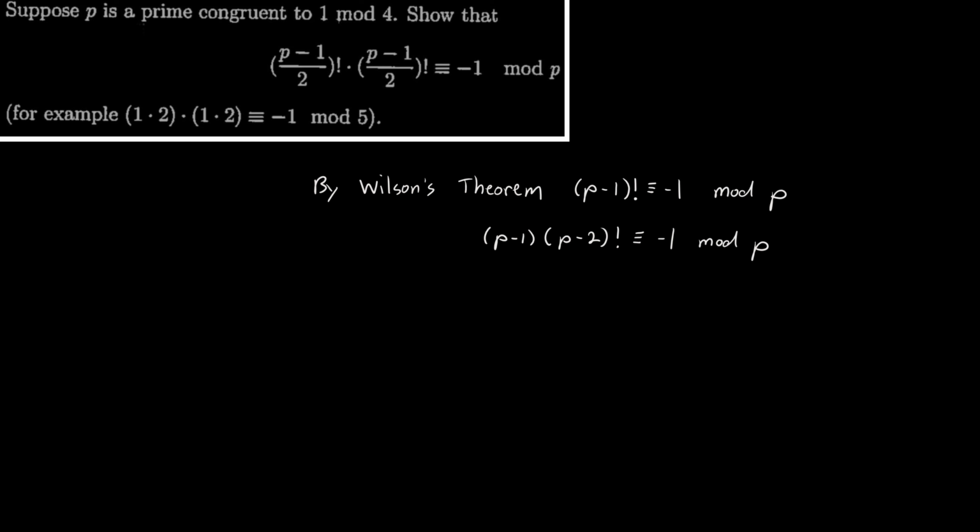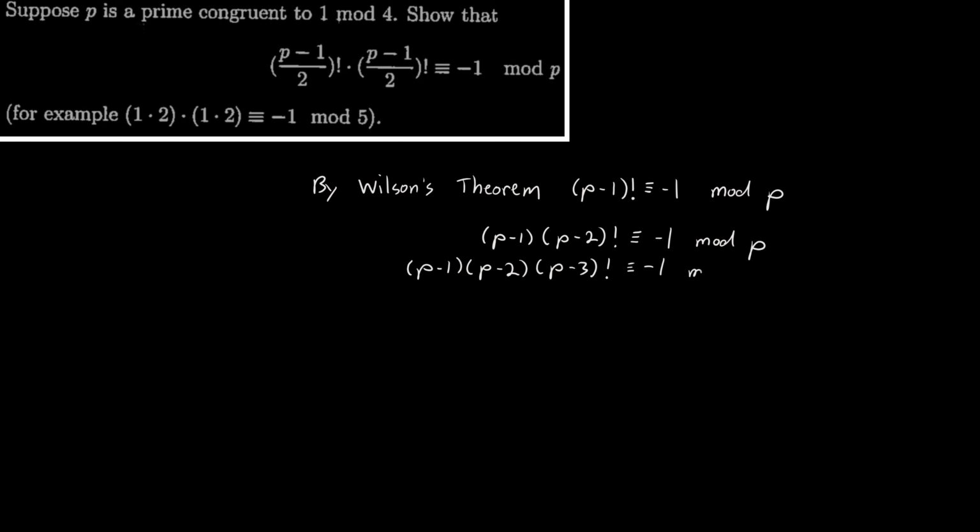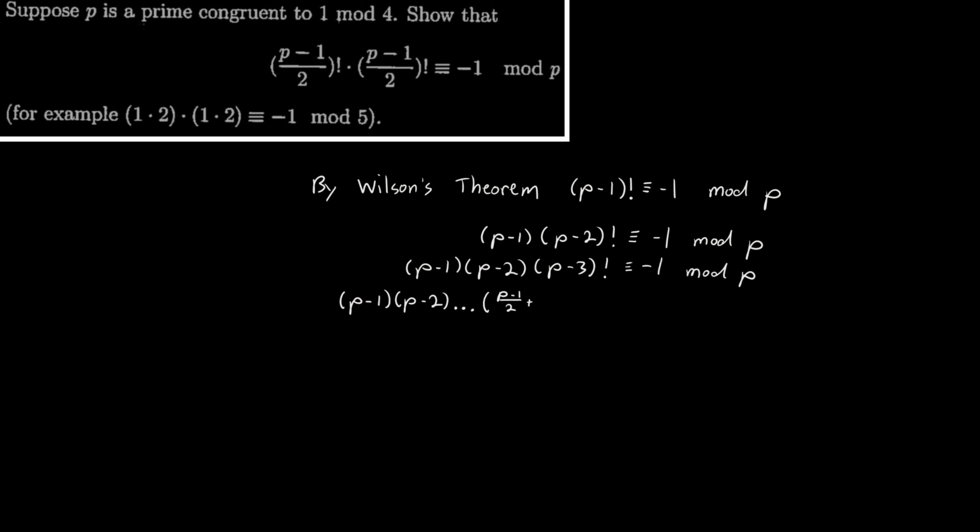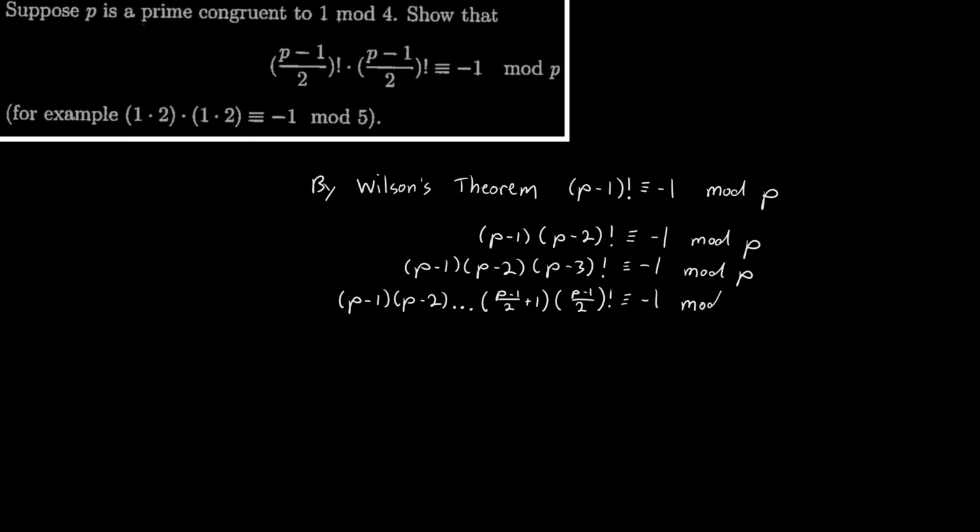So we'll have (p-1) times (p-2)!, and then (p-1) times (p-2) times (p-3)!. We can basically do this until we get to the halfway point. So we'll end up at (p-1)/2 + 1, which is right above the halfway point, and (p-1)/2 is right below the halfway point.